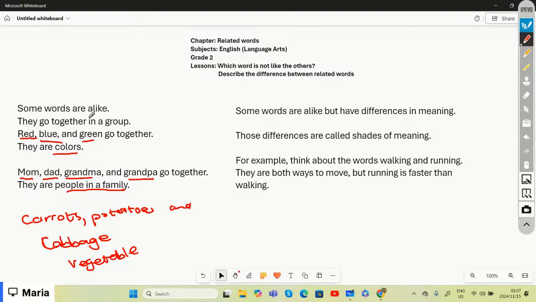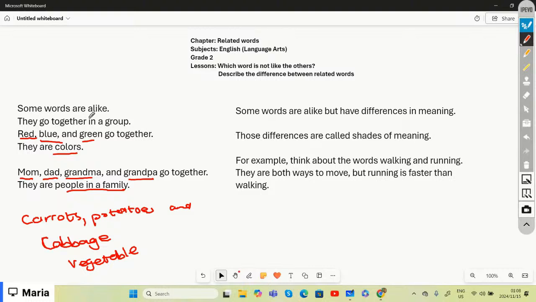And when it comes to related words, we said some of the words are alike, but these words that are alike, they might have differences in meaning.